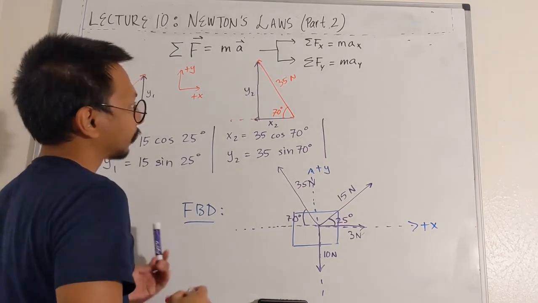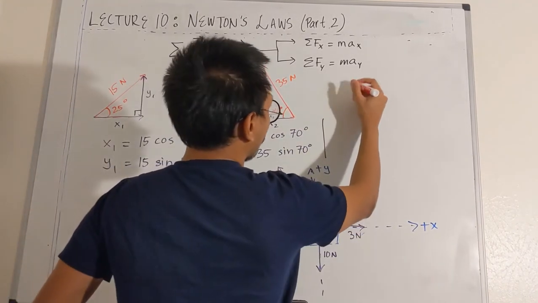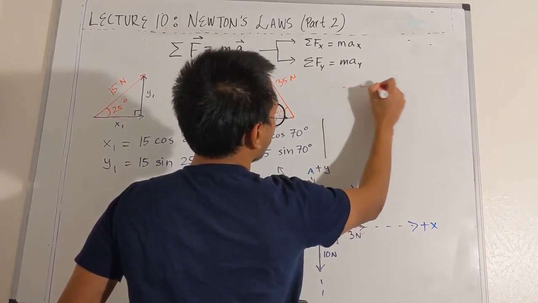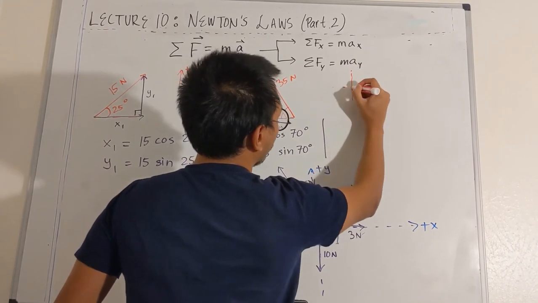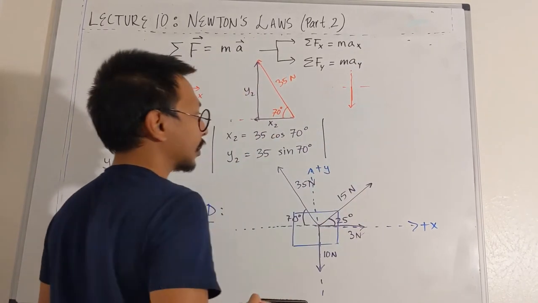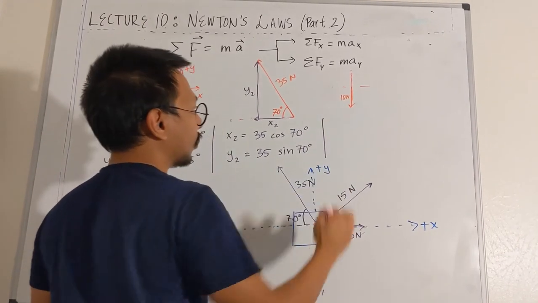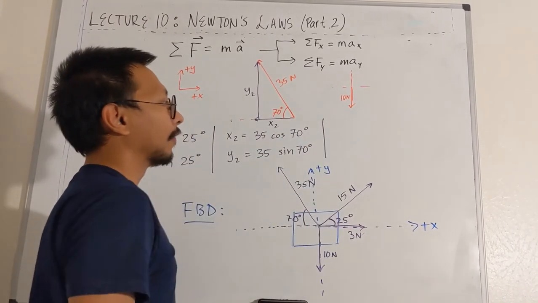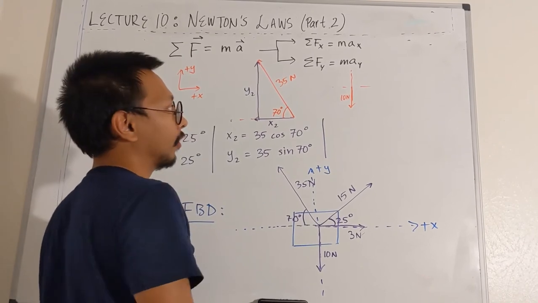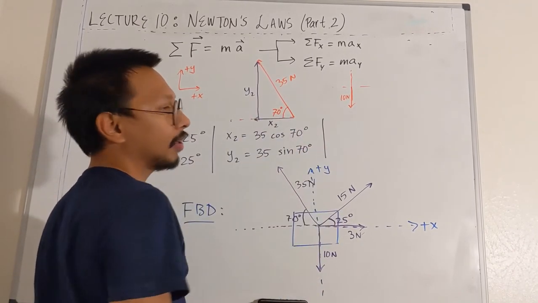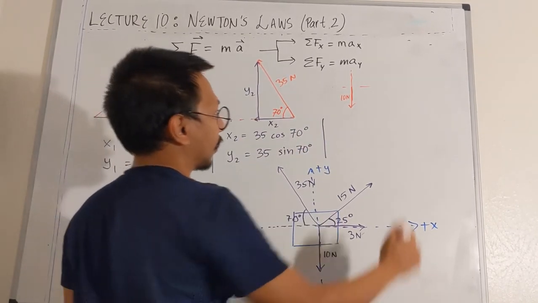What about the other two forces? Well, we have a force that is going straight down. This is only the 10 Newton force, and this is a fully vertical force, meaning it doesn't have any x component.